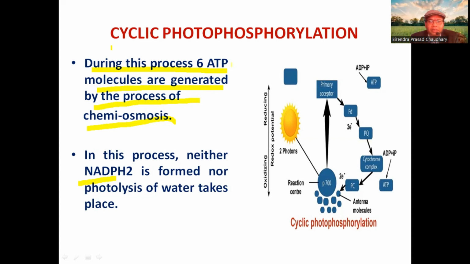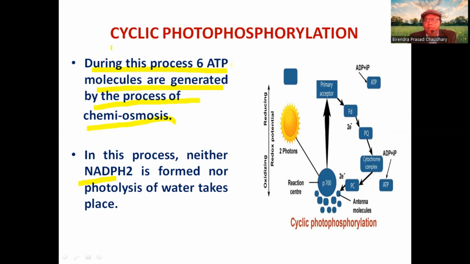The total molecules of ATP formed during light reaction, including cyclic and non-cyclic photophosphorylation, is 18 ATP molecules, and 18 ATP molecules are required in the dark reaction. In cyclic photophosphorylation, 6 molecules of ATP are generated.